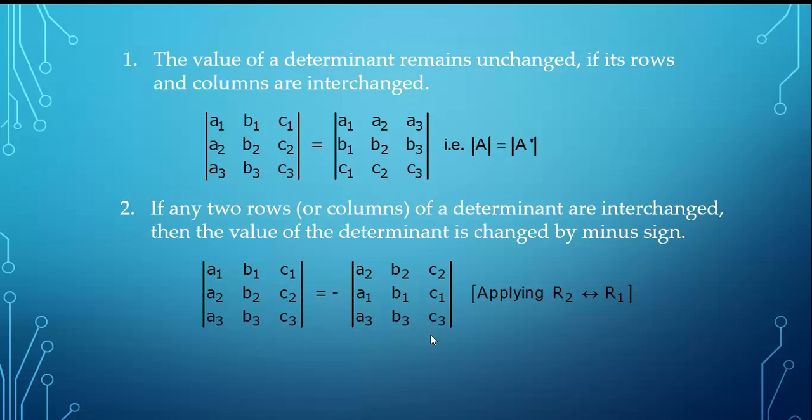If we interchange R2 with R1, then the determinant gets a minus sign. So you can interchange any rows with other rows, but the value gets a minus sign.